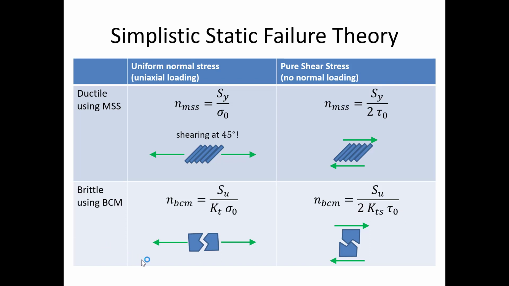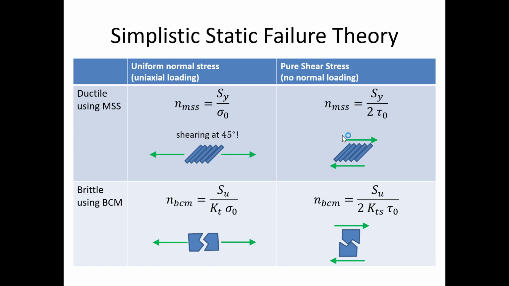I'd like for you to enjoy my little cartoons. If it's a brittle material being pulled in uniaxial loading, it breaks like a wafer cracker. And if it's loaded in pure shear, it breaks like a wafer cracker. On the other hand, if it's a ductile material in uniaxial loading, uniform normal stress, you pull on it and you see the slip planes at 45 degrees, just like I showed you in the Mohr circle experiment.